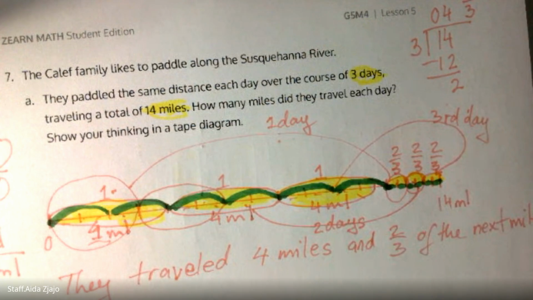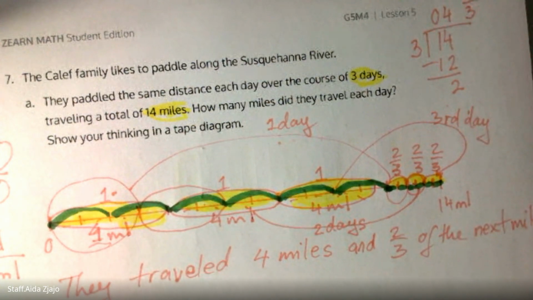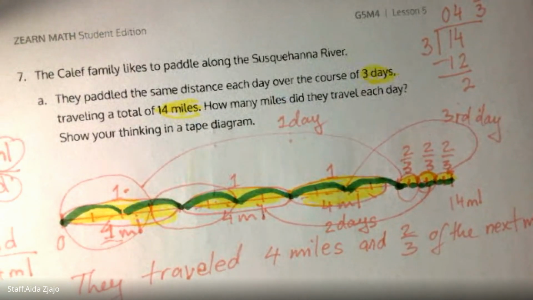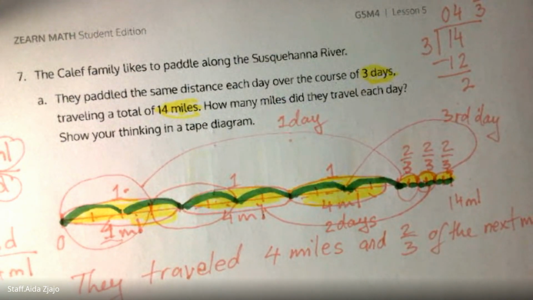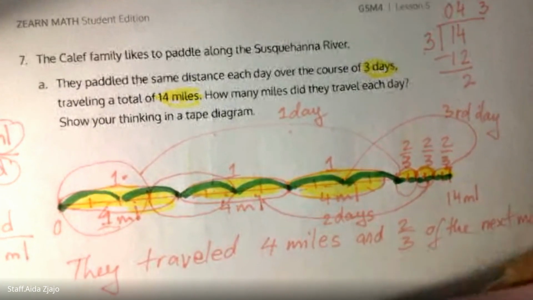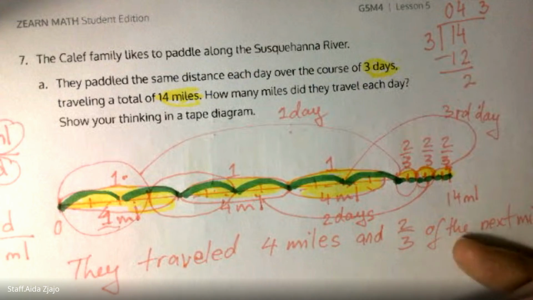So it will be the same distance because they will complete that, because it's half of the distance but double the time. So how far would they travel?